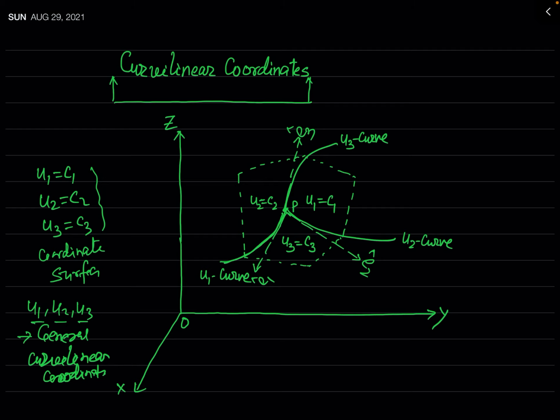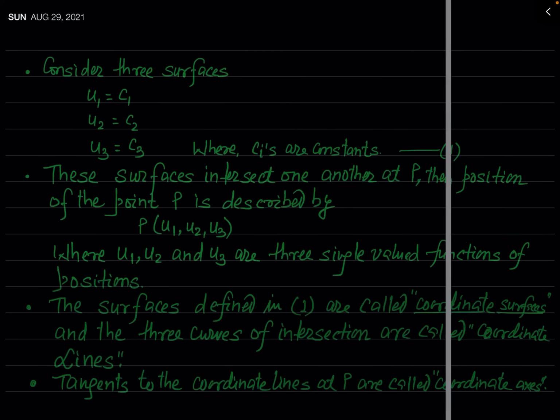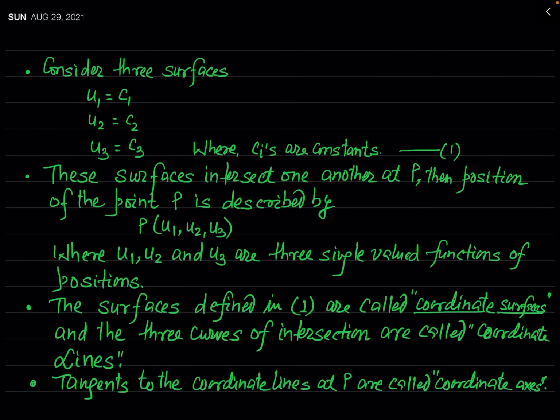So you can say that these quantities u1, u2, u3, which are solvable in terms of the position vector, will be called orthogonal curvilinear coordinates, but only when the three surfaces are everywhere mutually perpendicular to one another. All these definitions which I have just mentioned, I have written here in short for your convenience.